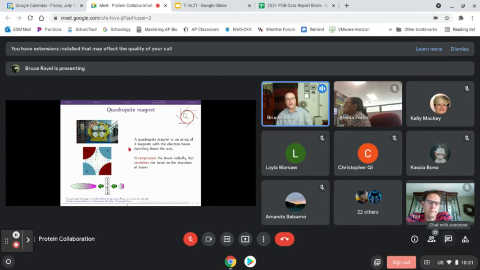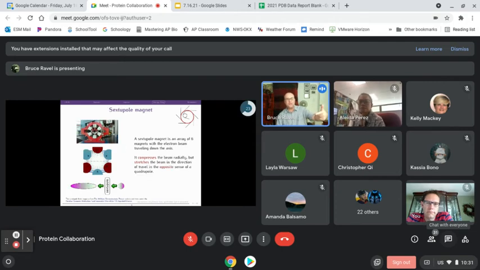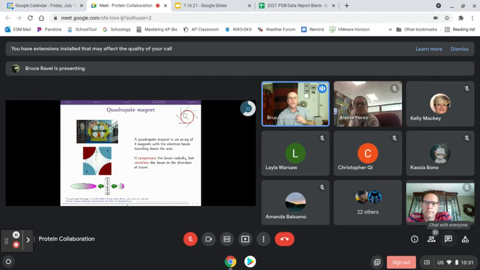The way that's done is through a combination of what are called quadrupole magnets and sextupole magnets. The pictures that I'm showing you here are unused devices that are sitting in the lobby of the light source so that you can actually go up and look at them.